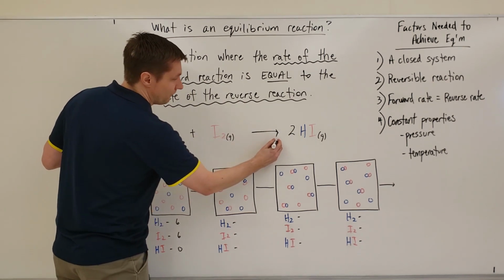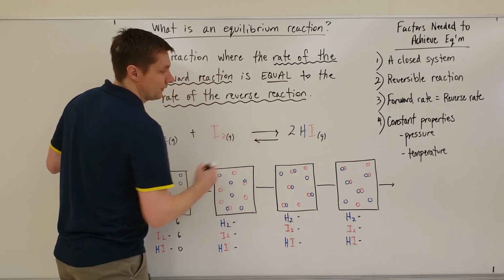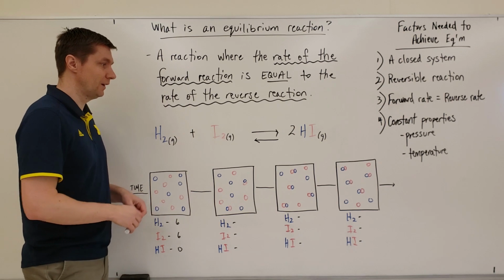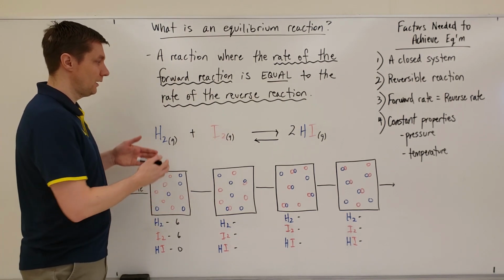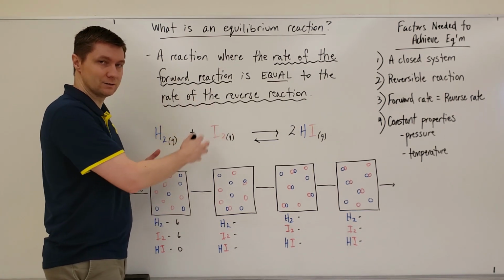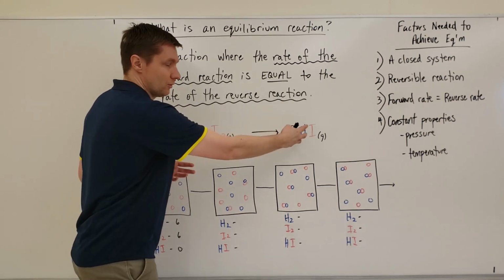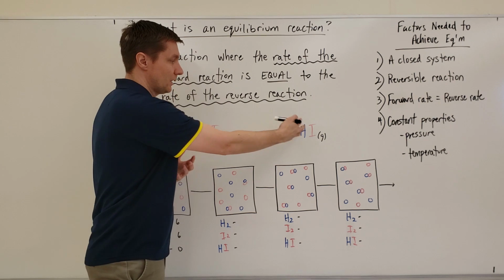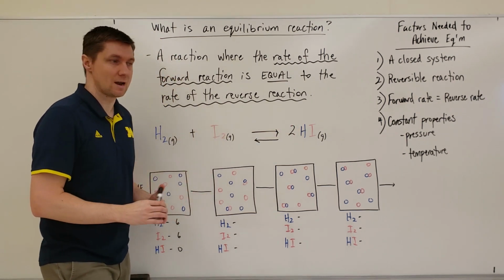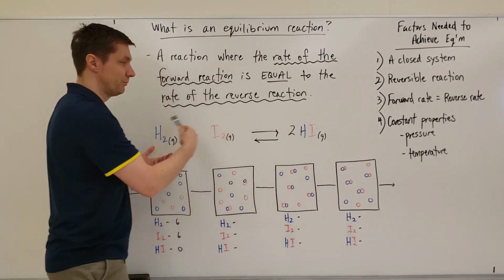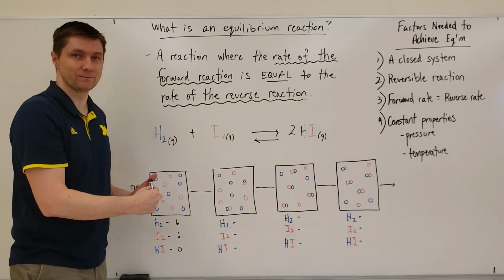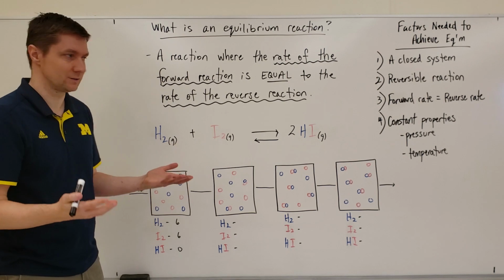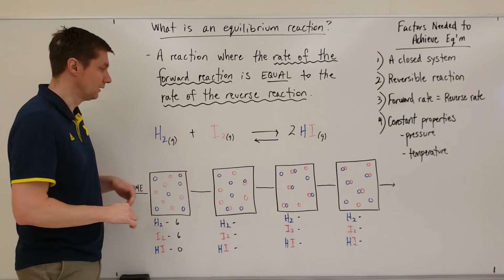But for this reaction, there is also a reverse reaction where eventually over time, as the reactants initially turn into the products, as there become more products, the products actually undergo a decomposition reaction and decompose back into the reactants. And this is happening simultaneously within a container that this gas, for example, would be contained in.